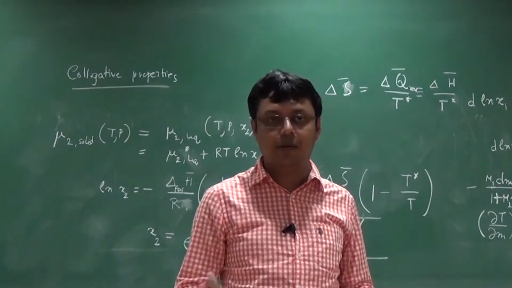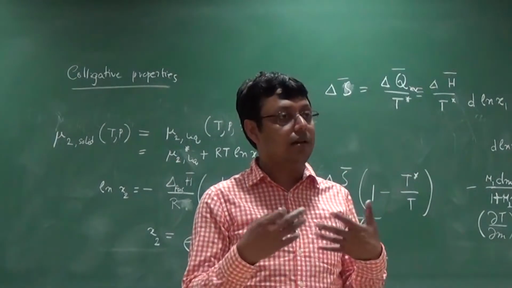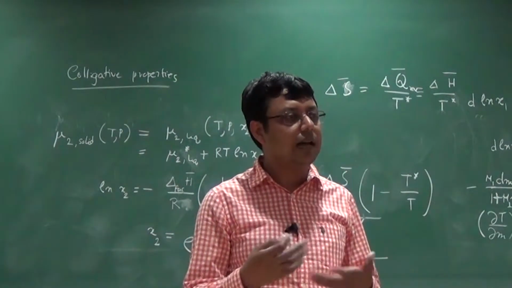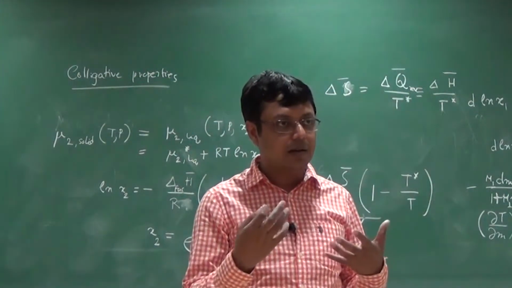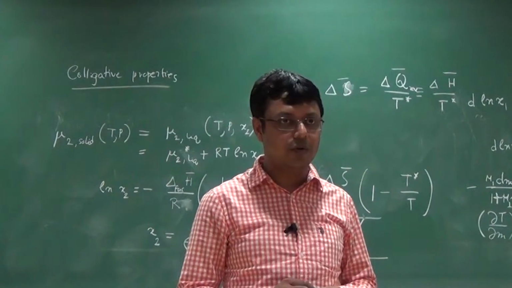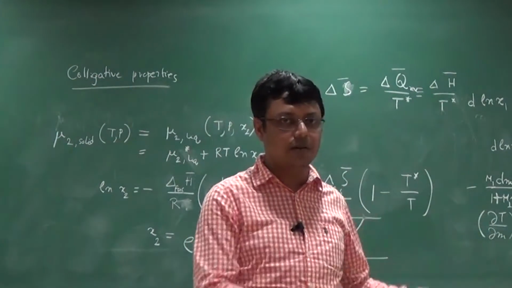If they are different, they will behave differently. But even if I take two substances for which delta S fusion is the same, they can still behave very differently because of molecular level interactions. Again, we are not including that here.